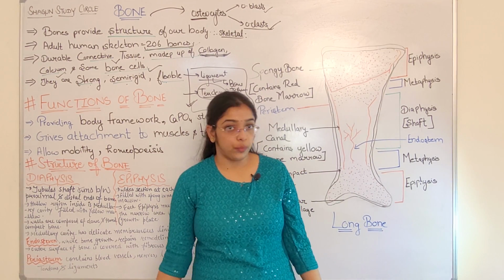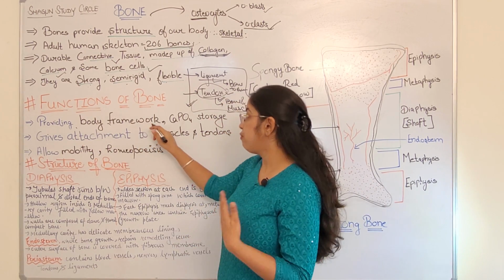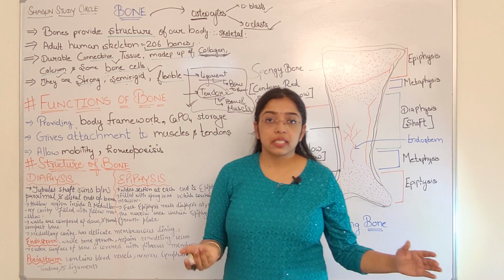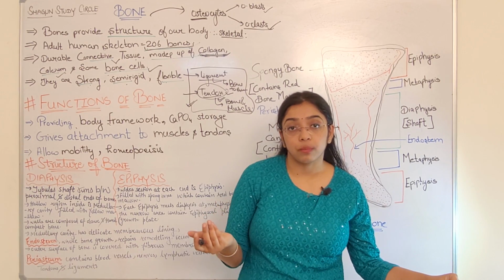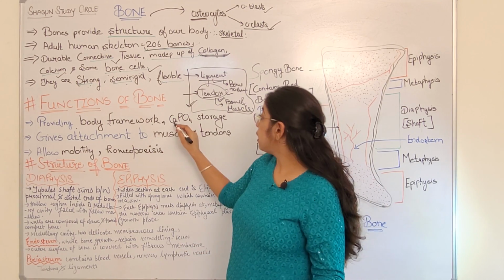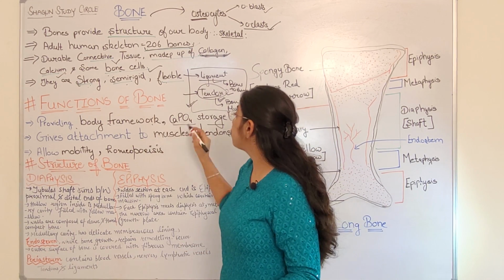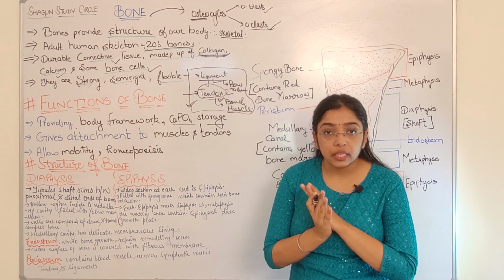Coming to the functions of bone, let's go through them. First is that it provides body framework. I guess we have already discussed enough that it provides our body's framework, a structural support, our skeletal system. And CaPO4, calcium phosphate storage. It also helps in storing things.